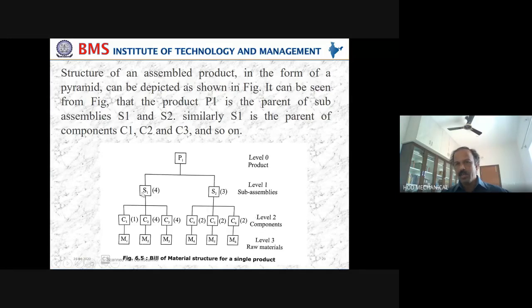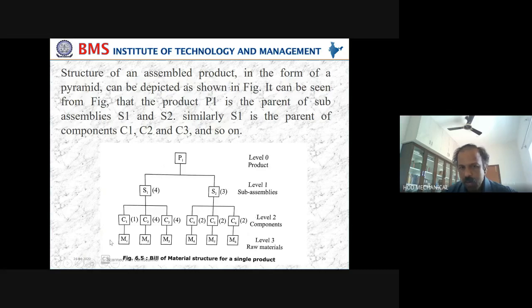The S1 subassembly requires 1 component of C1, 4 components of C2, and 4 components of C3. Hope you are understanding. That means this shows you the number of subcomponents required in order to produce the main components. Then again, component C1 requires so many raw materials, and so do the others.